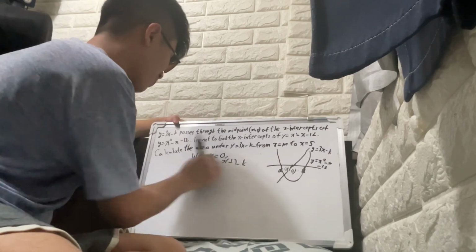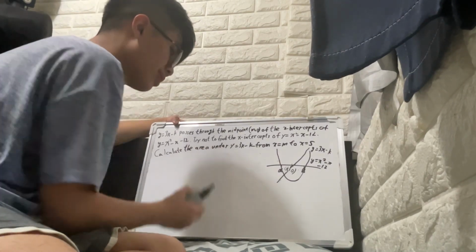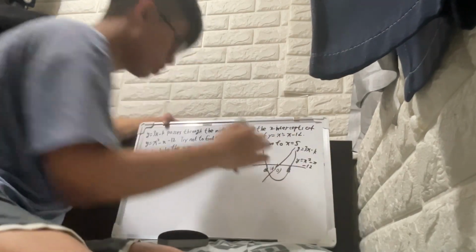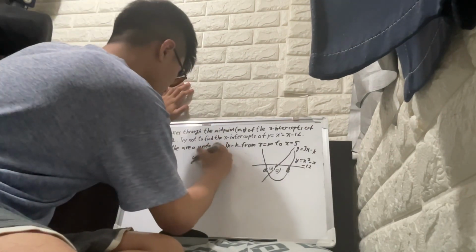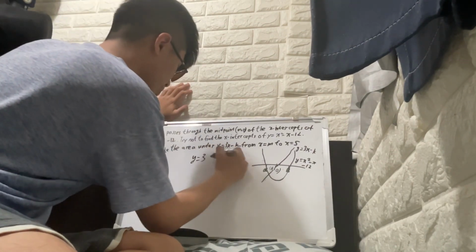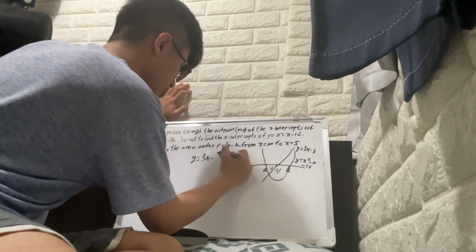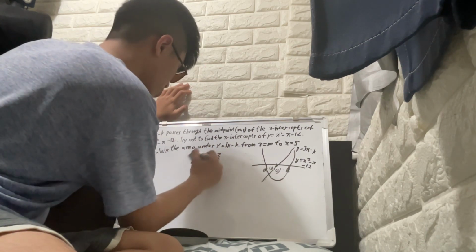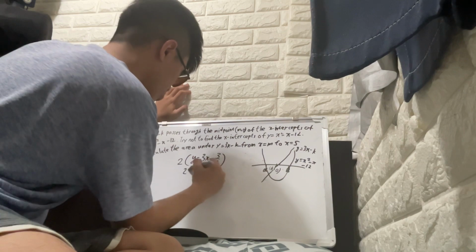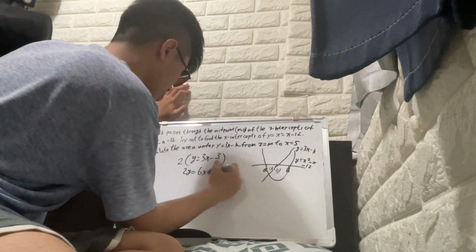Here's the deal: with k = 3/2, the equation becomes y = 3x - 3/2. Let me multiply by 2 on both sides: 2y = 6x - 3.